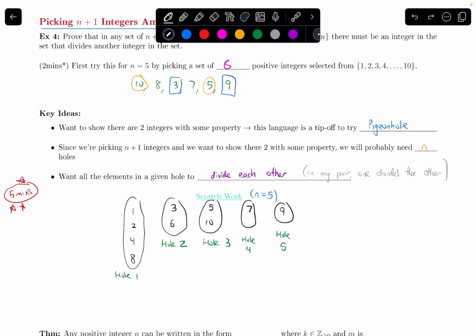So I want to observe that since we are picking 6 integers and there are 5 holes, at least 2 integers will be in the same hole.